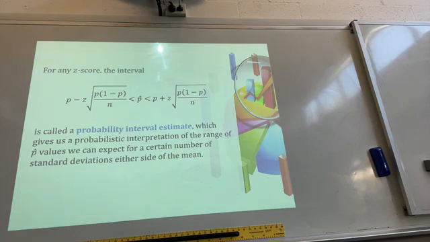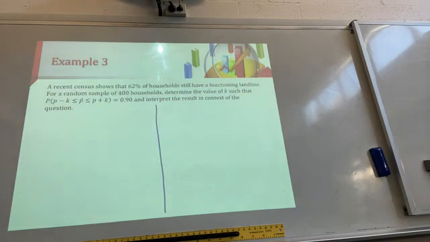Okay, so now the example, I think it's example 4. Example 4 is when we are looking at the point estimate. Here we've got a census.